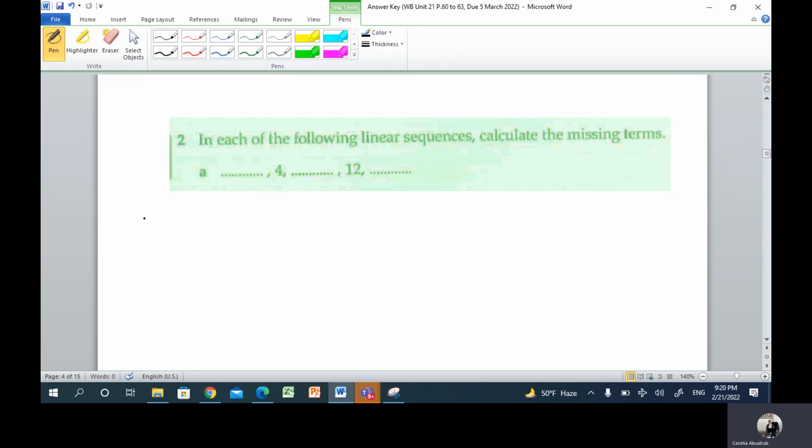So if you look here in the n, 1, 2, 3, 4, 5, and so on. The nth, so the numbers that are given in the sequence are the nth. So the first one is missing, the second term is 4, then the third one is missing, the fourth term is 12, and then the fifth term is missing.